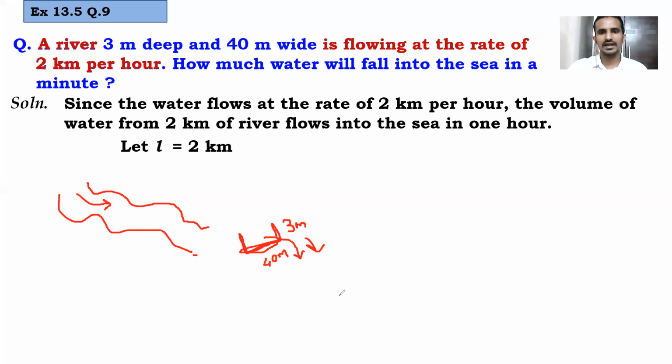If you imagine a straight line, then in that straight line the water will look like a cuboid. If you allow the water to flow for, sorry, 1 hour, the length it covers here will be 2 kilometer.